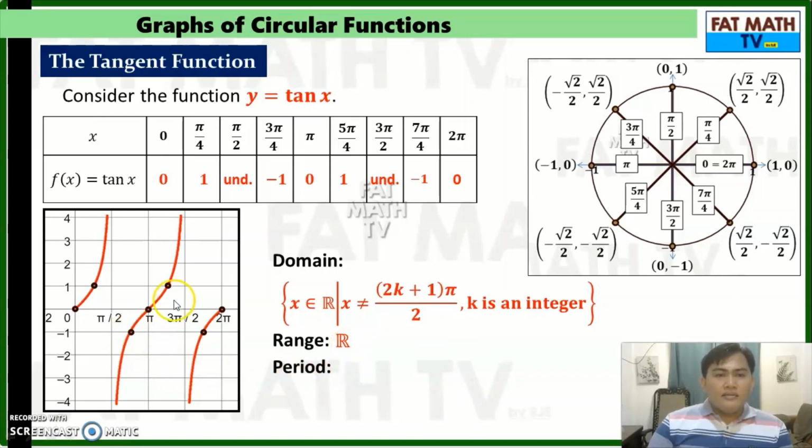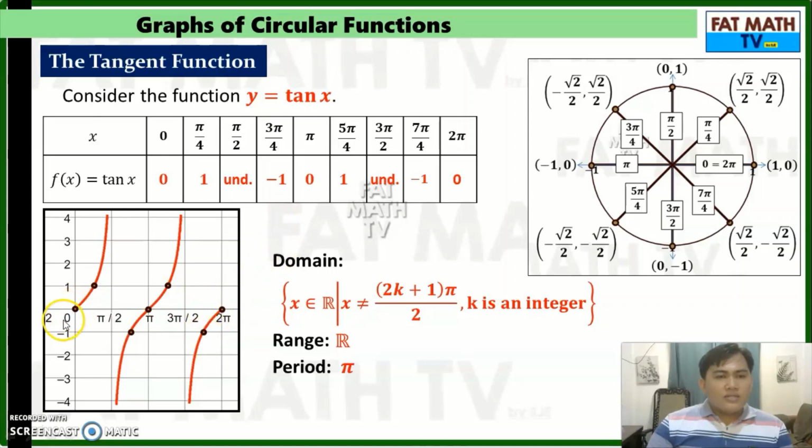For the period, we have pi, because this one whole cycle will repeat. From pi over 2 to 3 pi over 2 is a cycle. Because if you extend it here, it will create another like that.